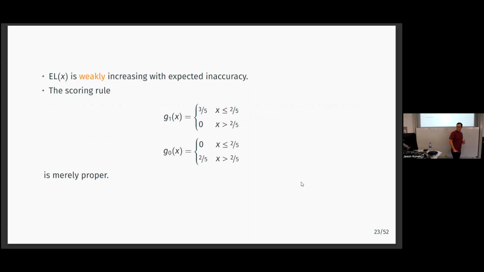So the expected loss she gets of a credence in X is going to be a step function, right? Weakly increasing with expected accuracy. So what's her scoring rule? All that matters is she'll get 0 loss when her credence is on the right side of 40%.